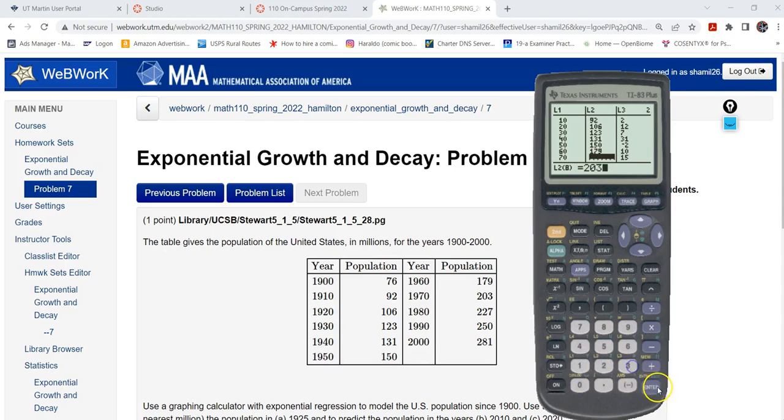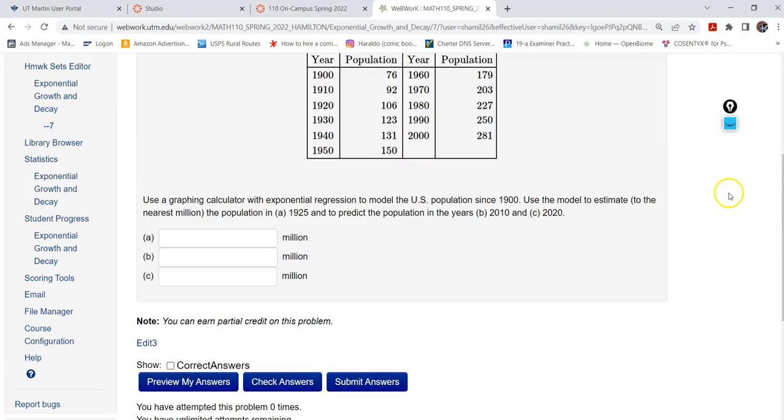When I get to the bottom, okay, so if I scroll back up, 281, then 250, I'm checking them with my list. 150, 131. Okay, so I'm happy that that's correct.